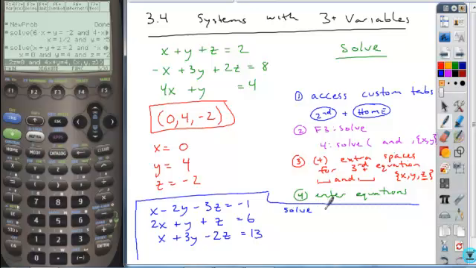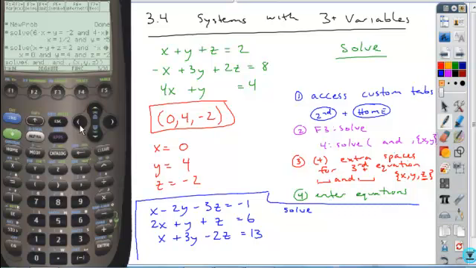All right, so let's see if you can answer this question. Then just enter the new ones. So we get x minus 2y minus 3z equals negative 1. Move to the next. After the AND, write your next equation. 2x plus y plus z is equal to 6.